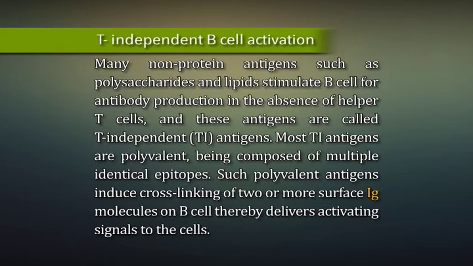Most Ti antigens are polyvalent, being composed of multiple identical epitopes. Such polyvalent antigens induce cross-linking of 2 or more surface Ig molecules on B cells, thereby delivering activating signals to the cells.